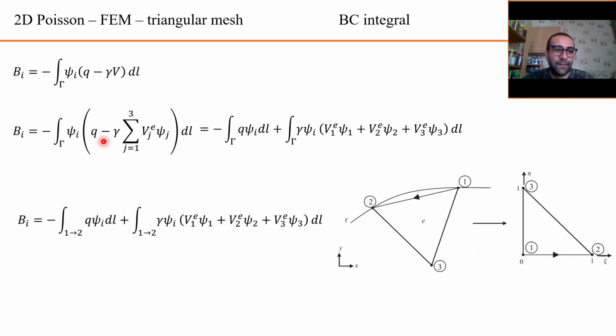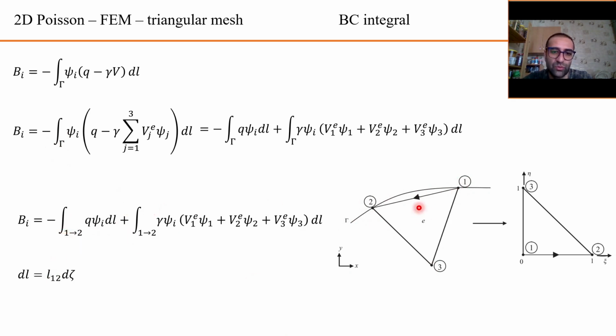Therefore, I just wrote the same equation, and because we are trying to calculate the boundary integral for such an element, and because only this edge is located at the boundary, instead of calculating over all of the edges, we need to calculate only over this contour from 1 to 2.